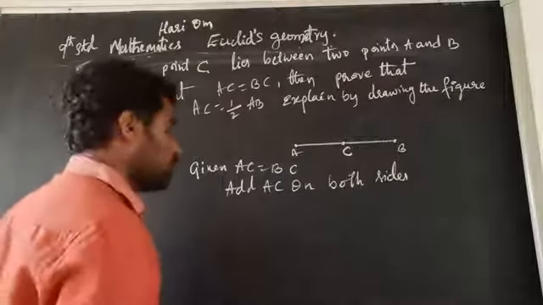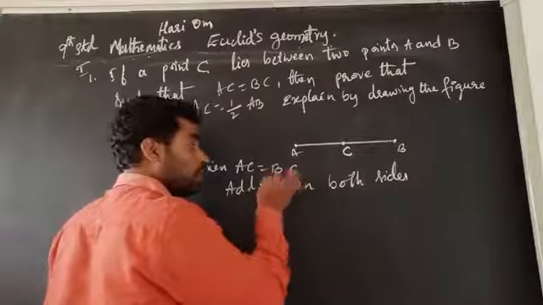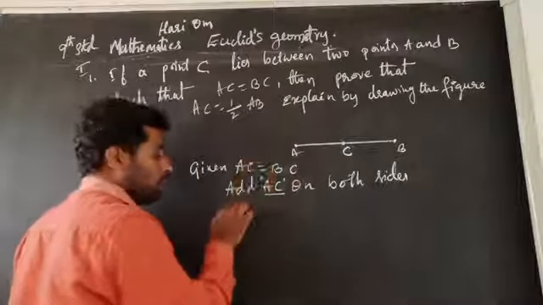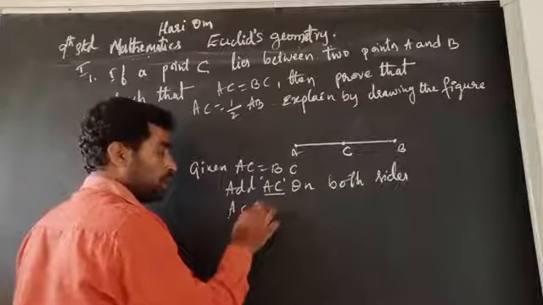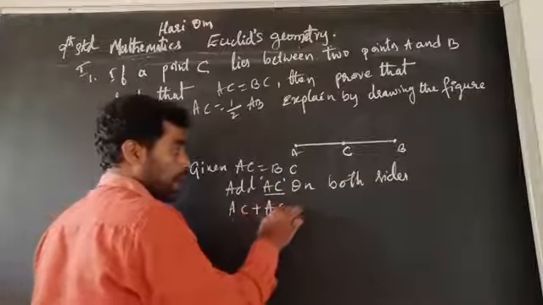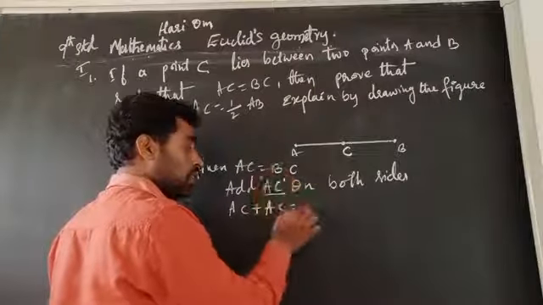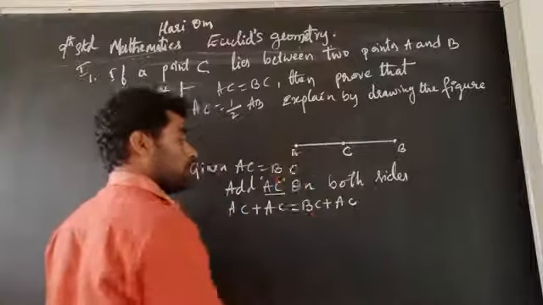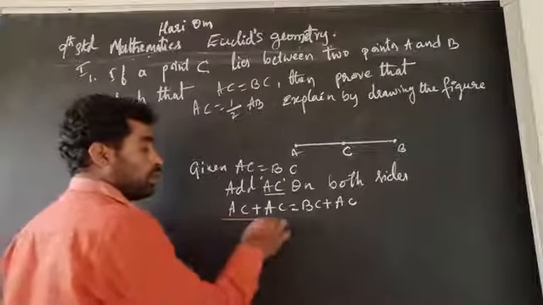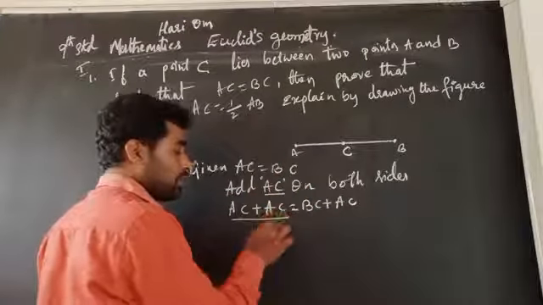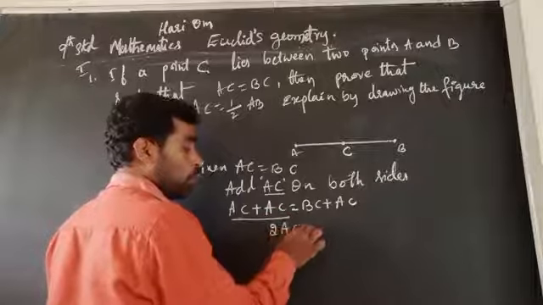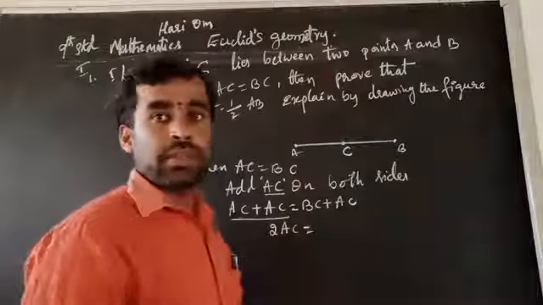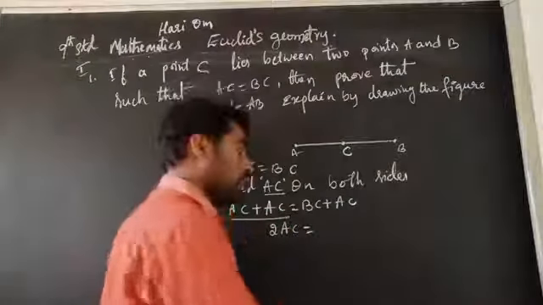So by using axiom 1, I am adding the equal term AC on either side. Now what it becomes? AC plus AC on the LHS, and we should add AC on the RHS. Here AC plus AC is equal to 2AC.